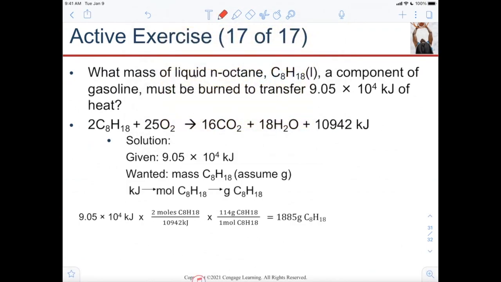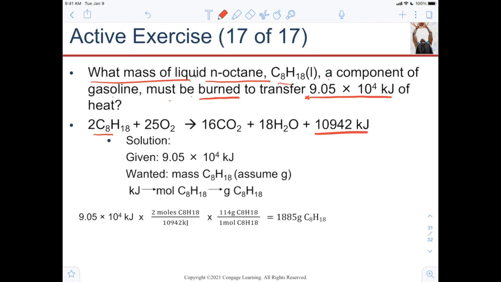Let me erase that. We're told here what mass of liquid octane, this is octane right here, a component of gasoline, must be burned. Burn means combustion reaction to transfer this amount of heat, okay? So before I even deal with this number, I write my balanced equation. I have my balanced equation here, okay? I want to talk about this number.